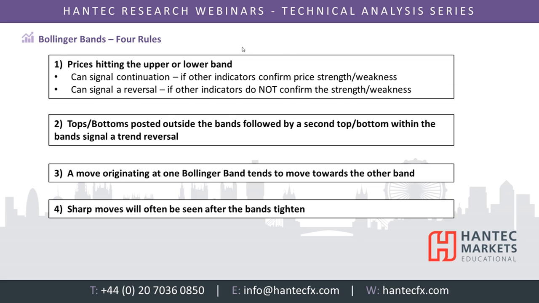And if you don't get the confirmation of that strength or weakness, it can actually signal a reversal, i.e. a range-based trade. Okay, so for the second one, tops and bottoms that are posted outside the bands, followed by a second top or bottom within the bands, signal a trend reversal.